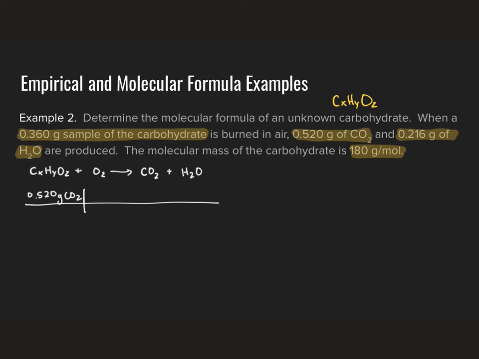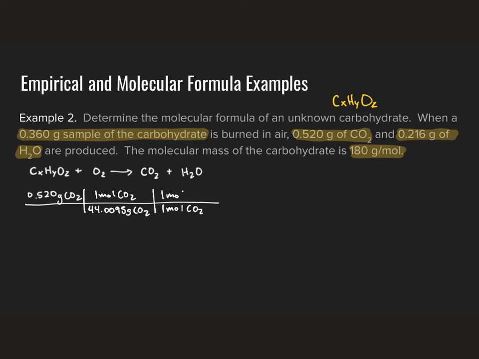So we'll set up a quick conversion here. 0.520 grams of CO2 will convert from grams to moles using the molar mass of carbon dioxide, which I happen to know is 44.0095 grams of CO2 per 1 mole of CO2. And then the last step, and this is an important one: 1 mole of CO2 contains 1 mole of carbon atoms.